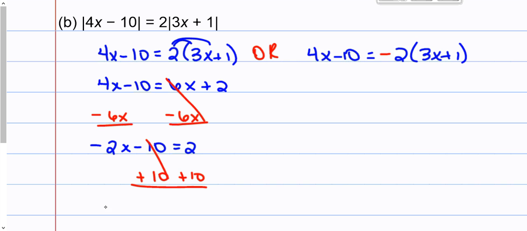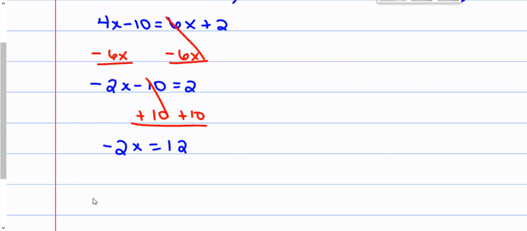And we have negative 2x equals, well, 2 plus 10 is 12. Go ahead and divide both sides by negative 2. And we get x is equal to negative 6.